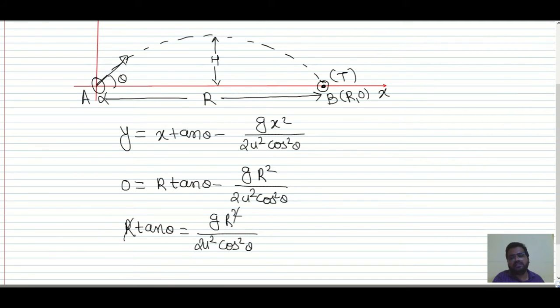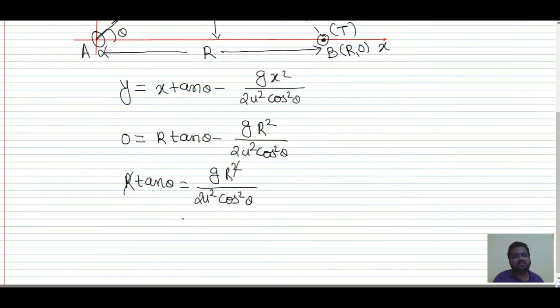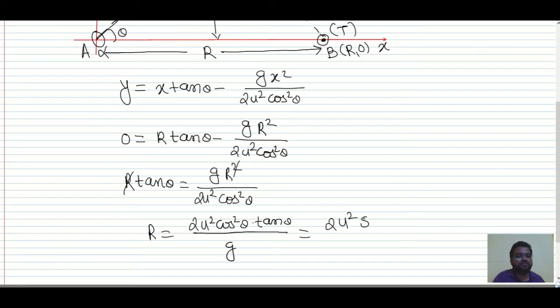So this R gets cancelled, and if you find the value of range, you will get range as 2u squared cos squared theta into tan theta divided by g. So tan theta is sin theta by cos theta, which gets cancelled, and you will get 2u squared sin theta into cos theta divided by g.